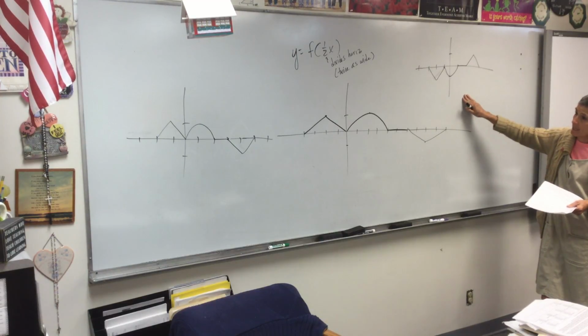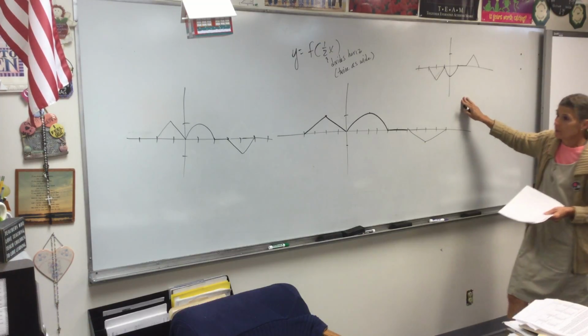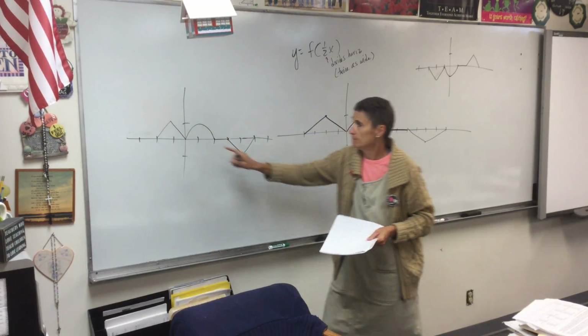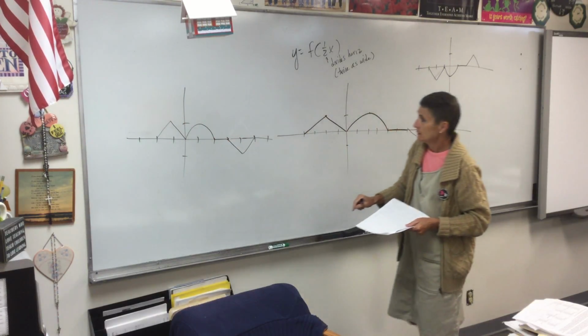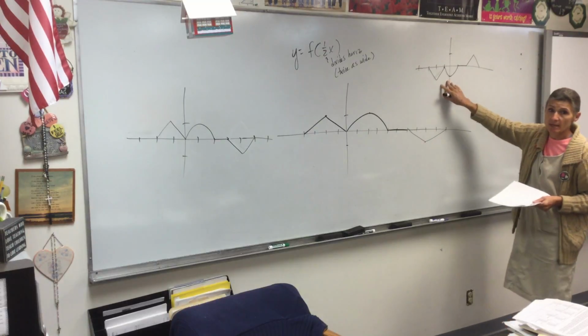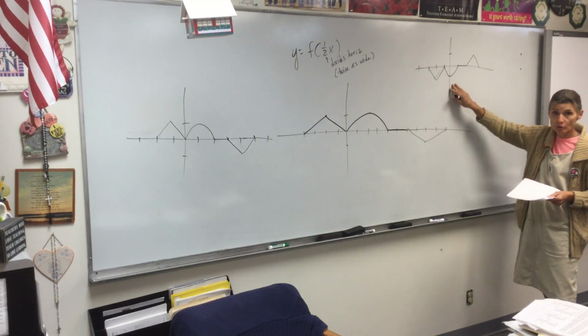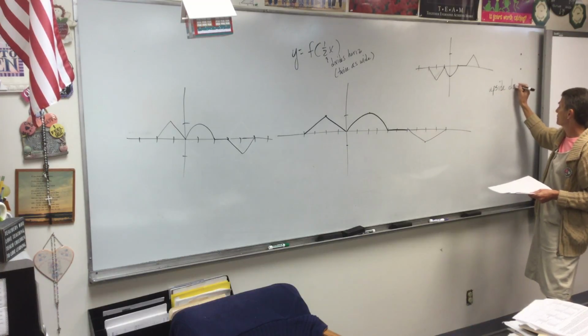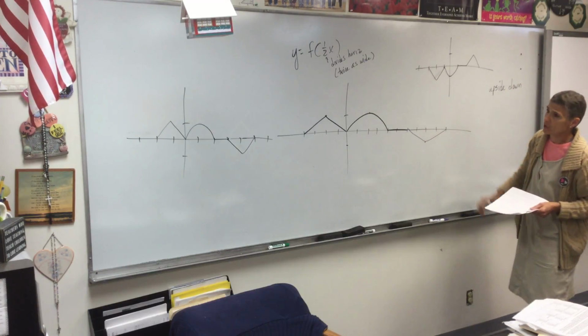Now, let's see. Looks to me like it's been turned upside down. Would you agree that the triangle and the circle are now down instead of up? So it's been turned upside down. So I'm just going to make a list. It's upside down. All right, what else has happened to it?